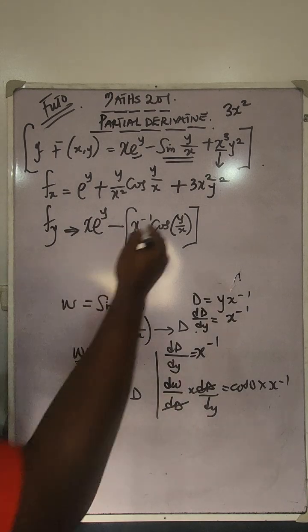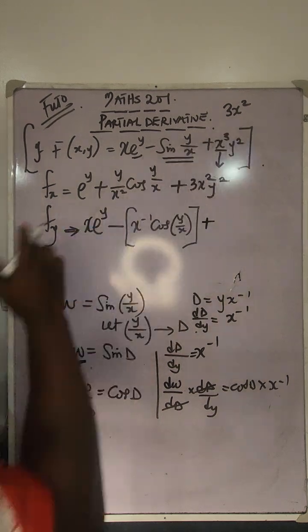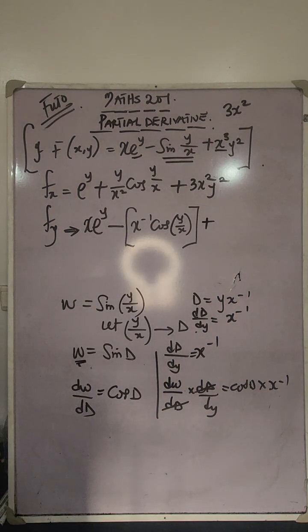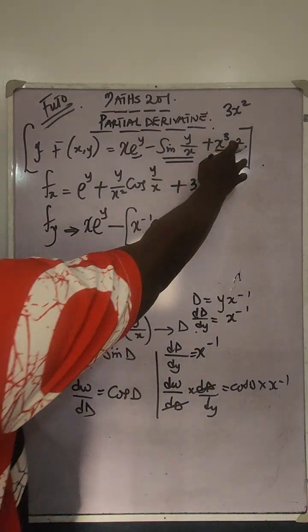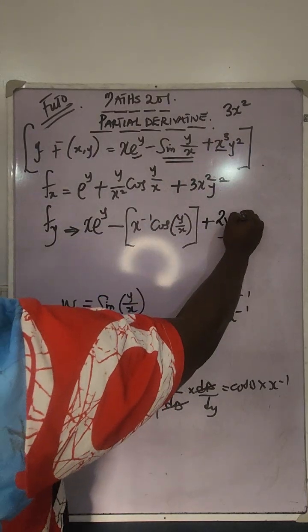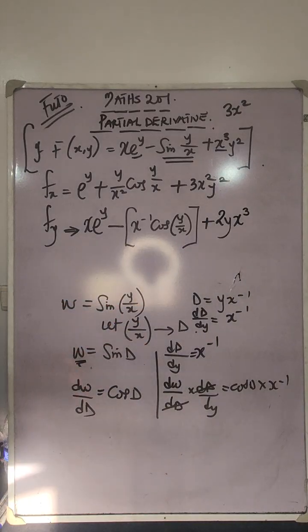And so the next thing here is to differentiate with respect to y. If we differentiate this function with respect to y, what do you think we're going to have? We have 2y multiplying x to the power of 3, right?